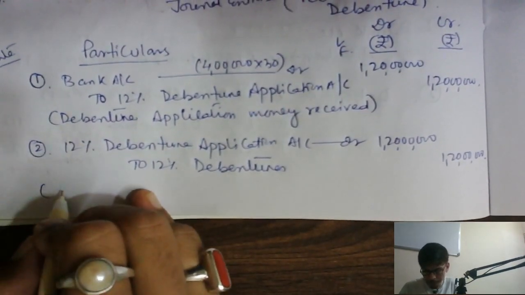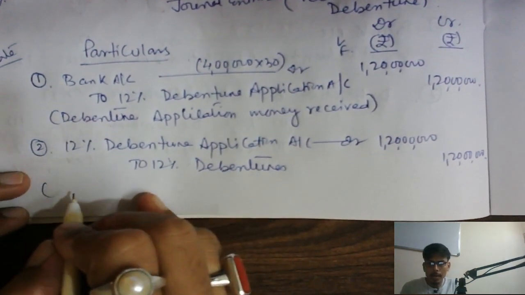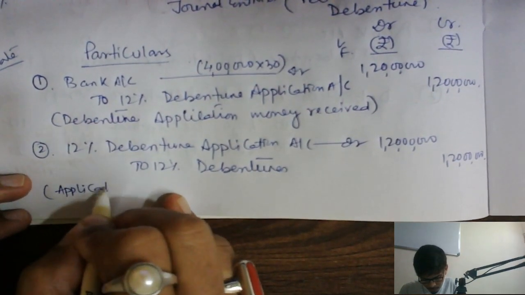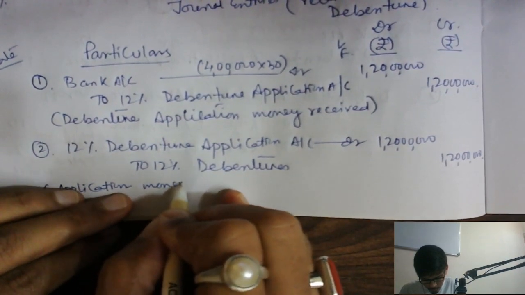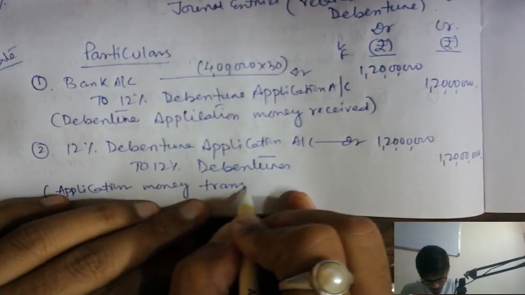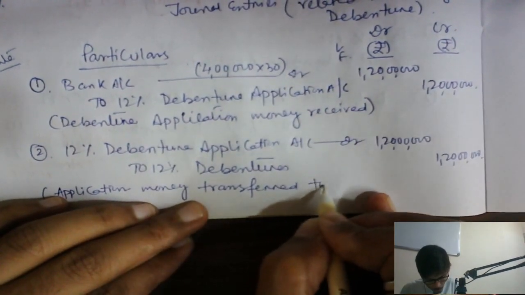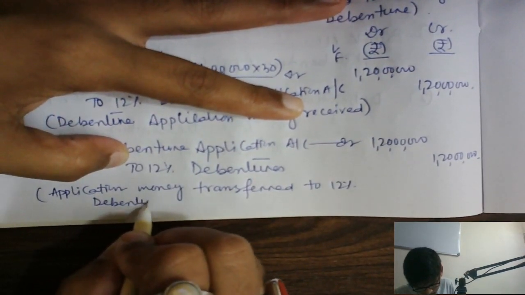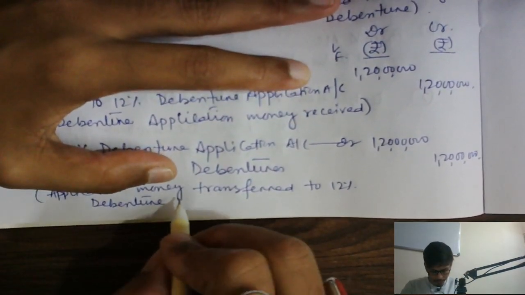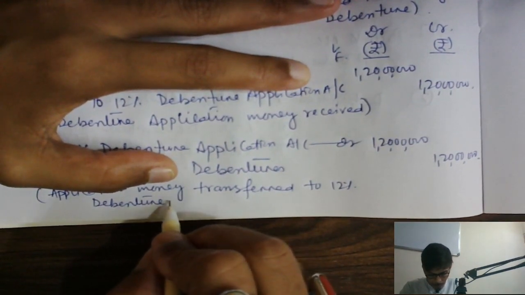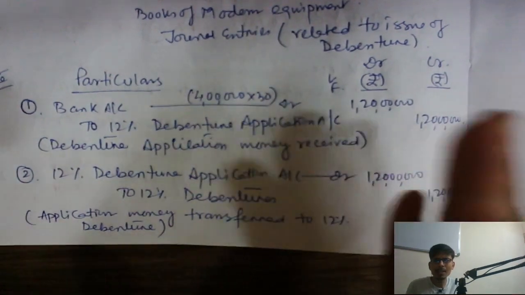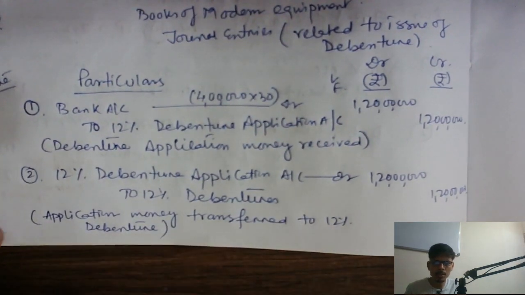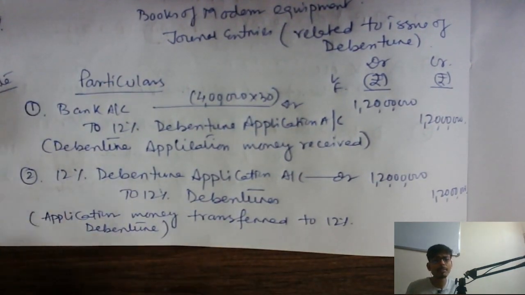So you can write here the narration: application money received transferred to 12% debenture. Make the narration a little bigger rather than too short, so that the examiner will understand. Application money transferred to the 12% debenture. That completes the first two journal entries regarding the debenture application only.